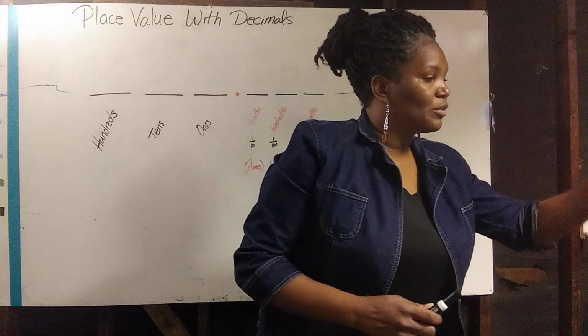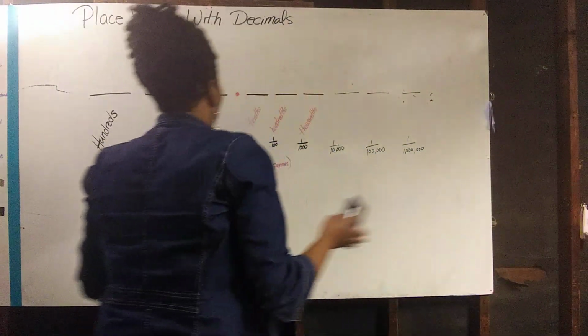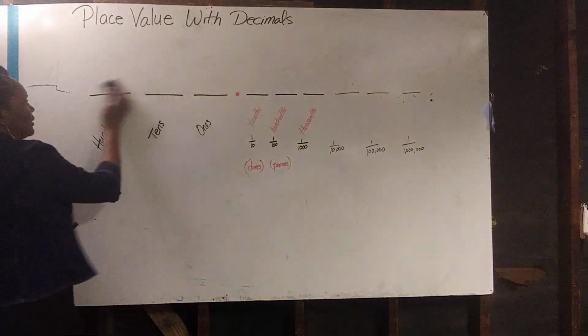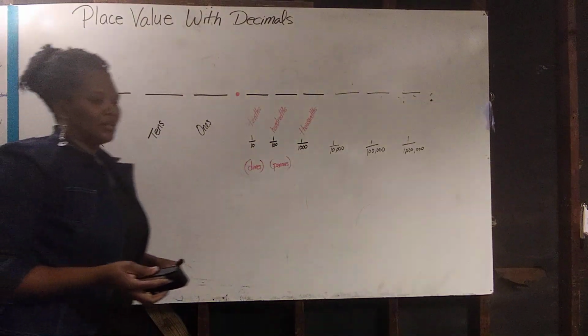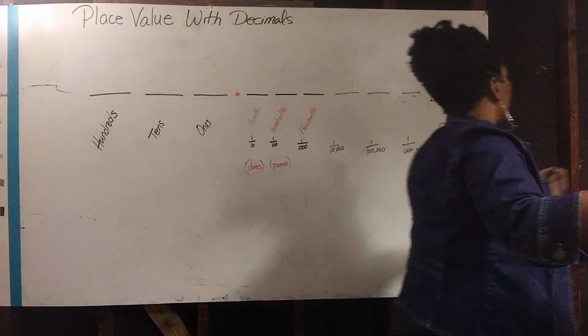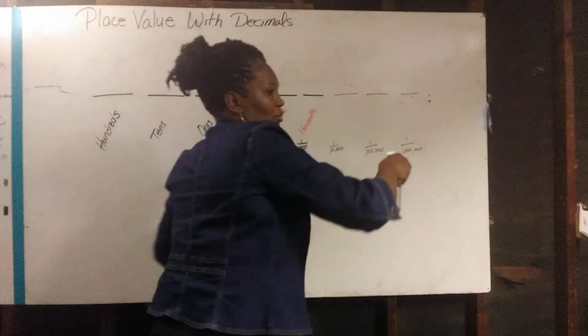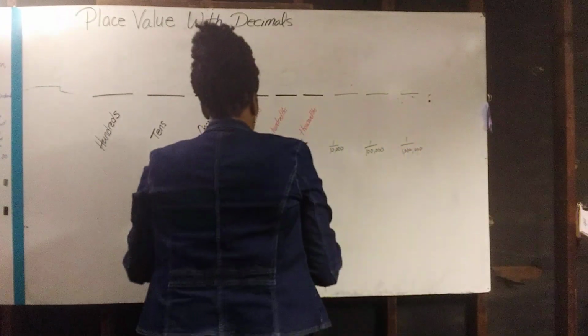Because that may be a little tricky for you. And you may be thinking, okay, Miss Wilson, I know how to say it now, but at school, we got to do more than just say it. We have to add it and we have to subtract it or whatever. How do I do that?